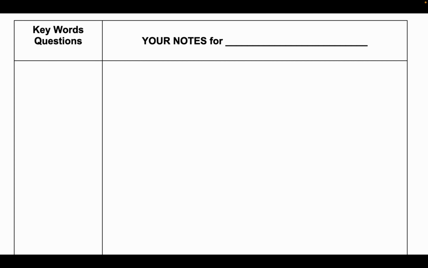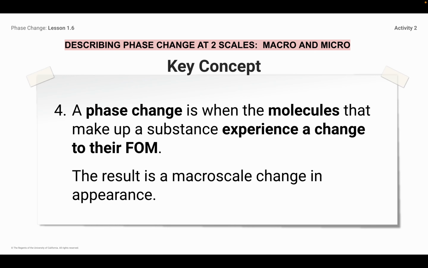Okay, start off by filling in the top right where it says your notes for. Go ahead and put phase change 1.5. And in the left, I'm going to have you guys put in key concept number 4. And then in the right side, you're going to go ahead and write it down.